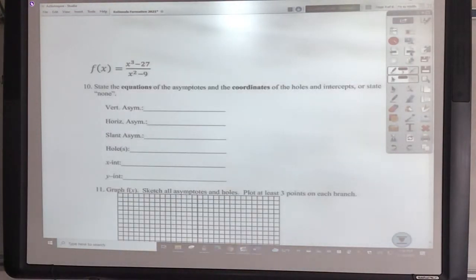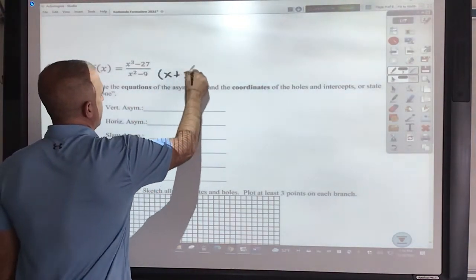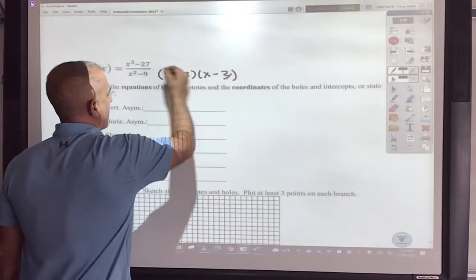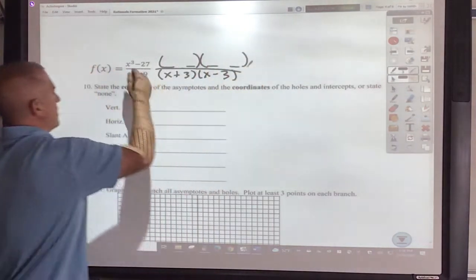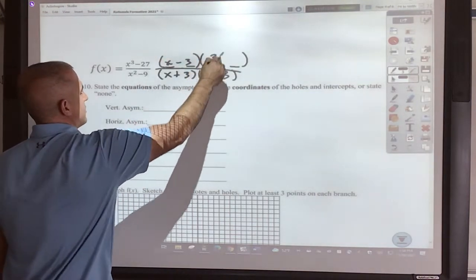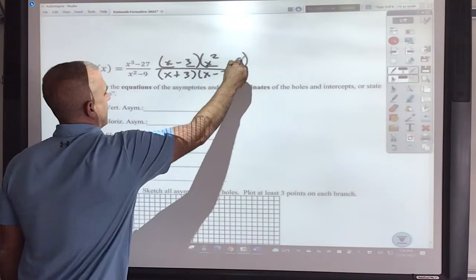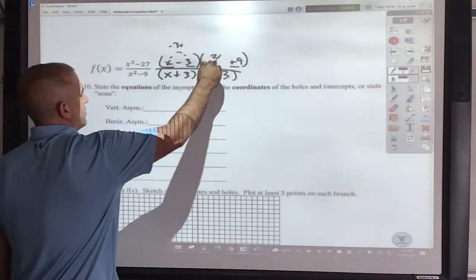Okay? All right? So what I should try to do is factor this. So I got x plus 3, x minus 3. This one is the one that's the 2-part by 3-part. That difference of cubes is x minus 3 times x squared, -3 times 9. Remember I got to multiply those, which is -3x, and change the sign.